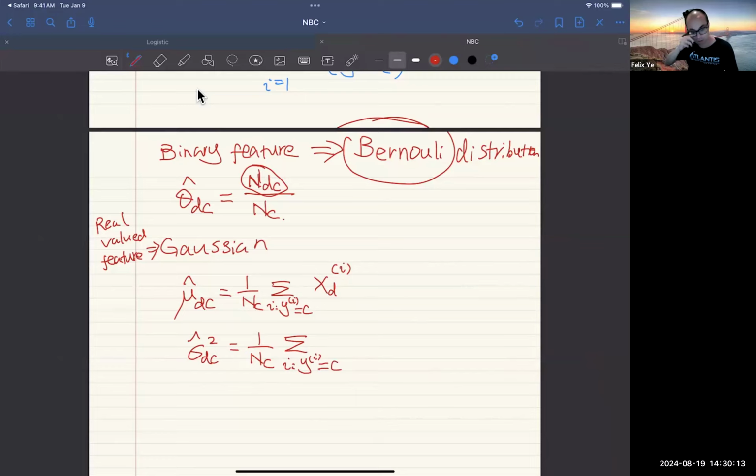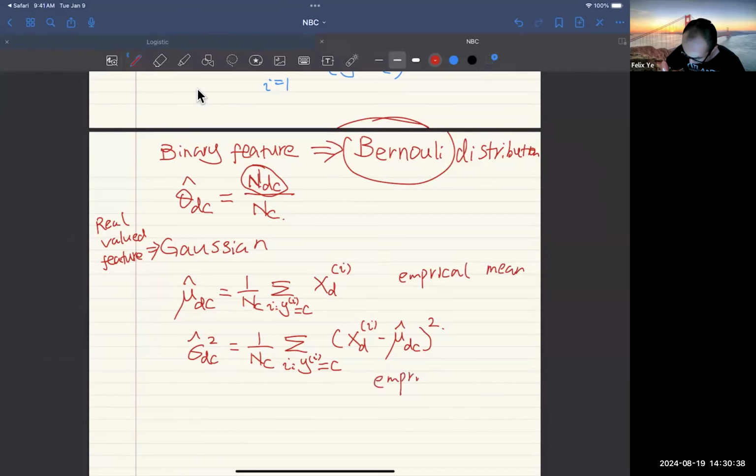This whole derivation is very similar to the Gaussian mixture models, and you will see these things again when we talk about QDA.